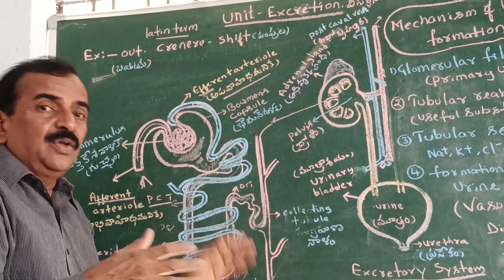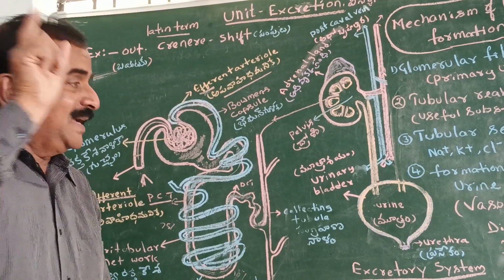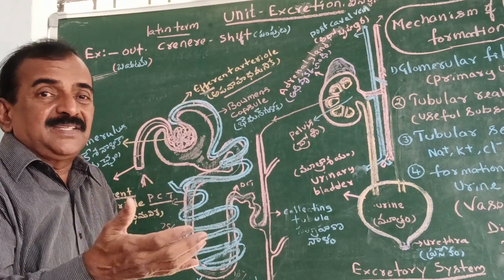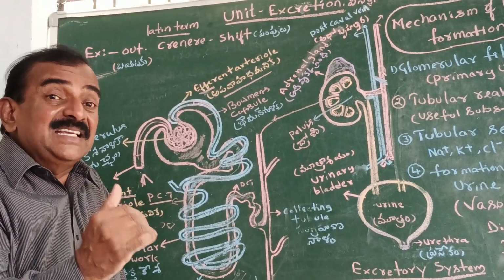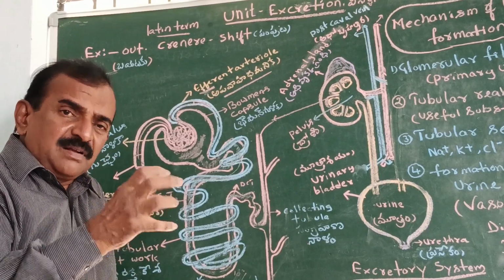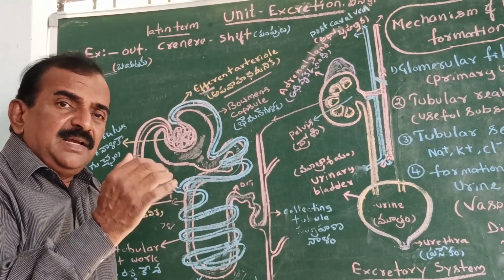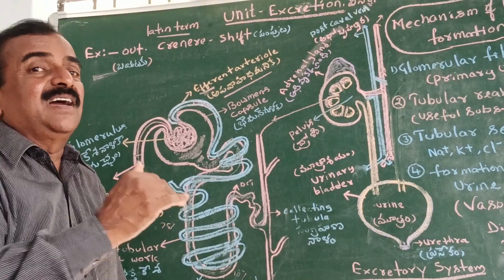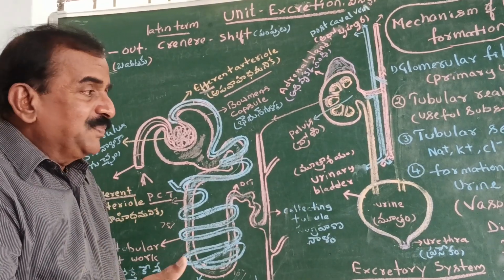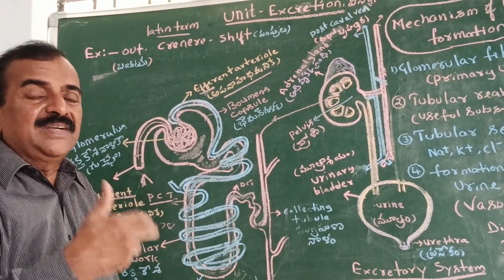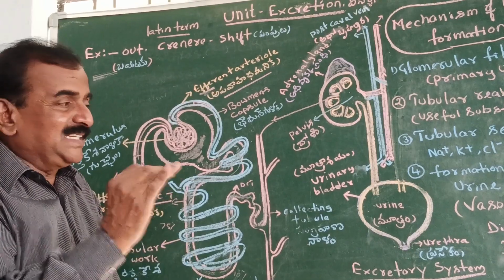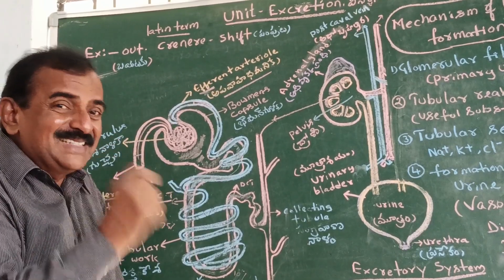Here in DCT, when concentrated urine is formed, at that time vasopressin hormone is released. And if the vasopressin is not released, the person passes more dilute urine, and that is called the disease diabetes insipidus.